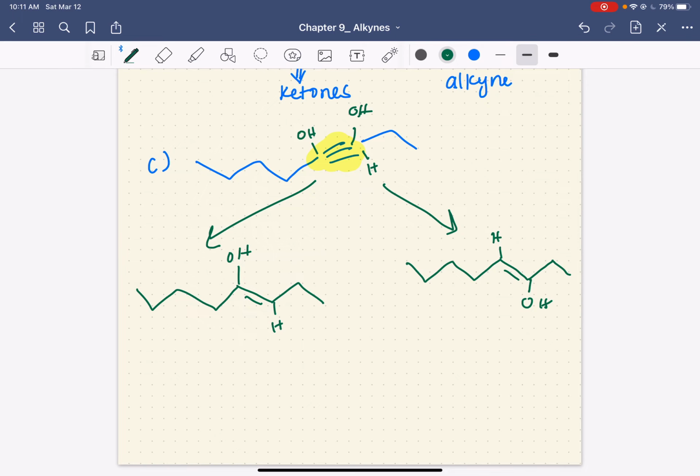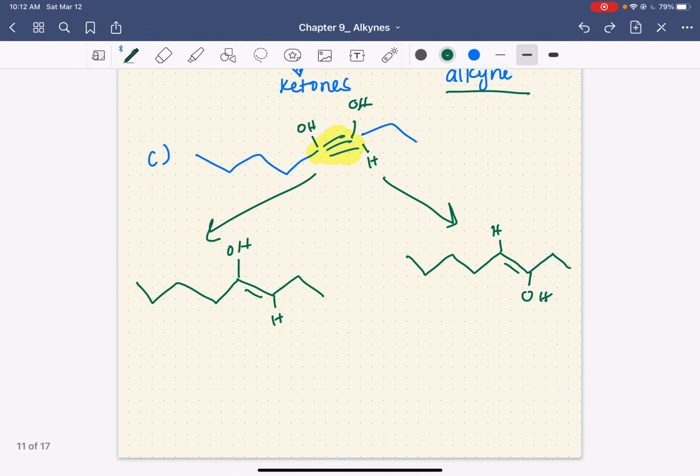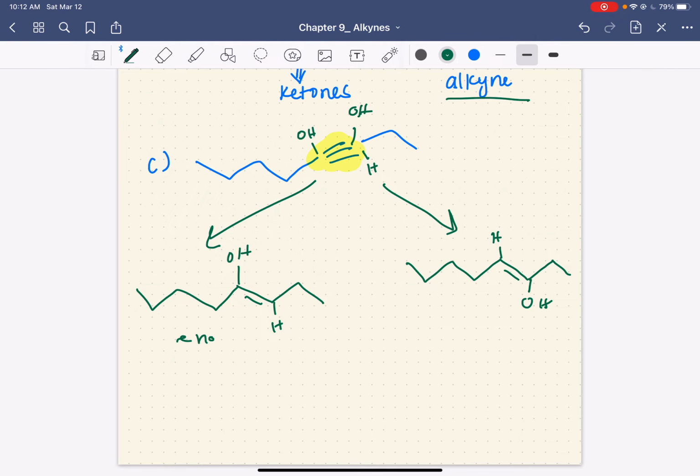So if we have a triple bond like this, this unsymmetrical alkyne, and we're treating it with acid-catalyzed hydration, we could add the alcohol on this side, hydrogen on this side, or we can do it the opposite way. Either way, we form both enols that quickly get tautomerized to ketones. This is going to give us two different products.